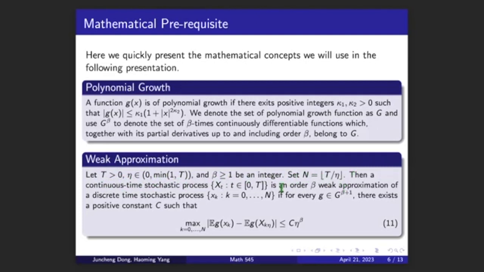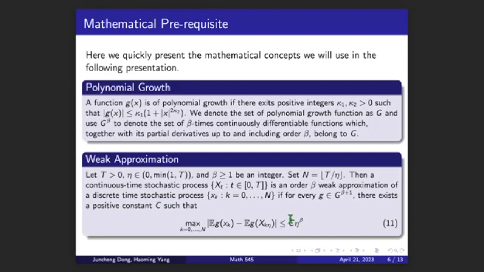Then a continuous time stochastic process is an order beta weak approximation of a discrete time stochastic process if for every g in the function class G to the beta plus 1, as we defined right here, there exists a positive constant C such that the worst approximation error between the continuous time and the discrete time stochastic process is less than C times eta to the order of beta.